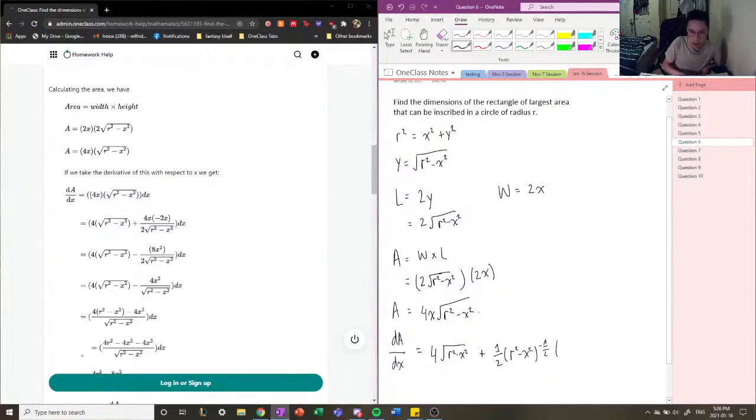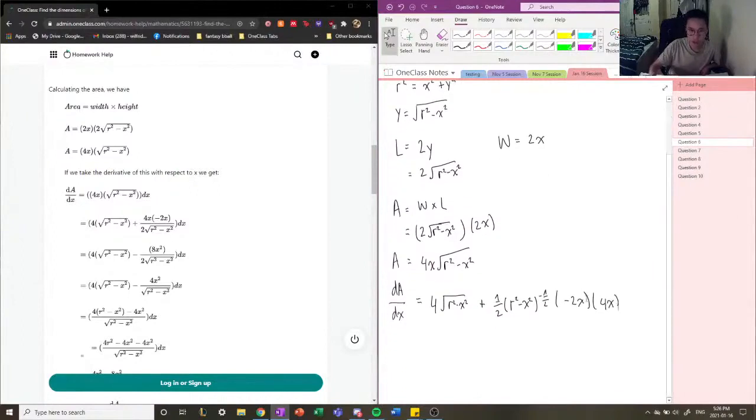Times the derivative of the inside function, which is going to be negative 2x. Okay? Did I forget anything? Oh, and times 4x. Okay, so if I were to simplify this, we would get 4 times r squared minus x squared, minus 8x squared divided by, or minus 4x squared divided by the root of r squared minus x squared.